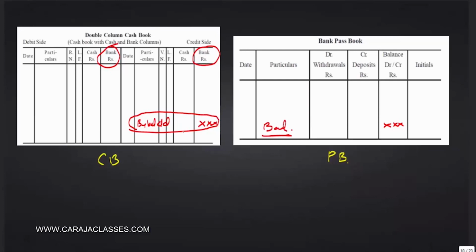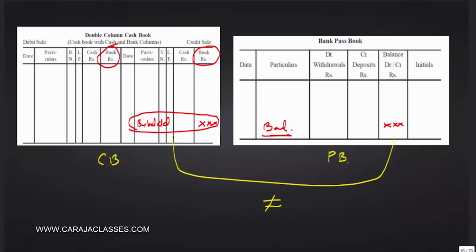But in reality these two will not match all the time. Maybe on some days they may be equal, but the majority of time the balance as per your cash book will not match with the balance as per your passbook.